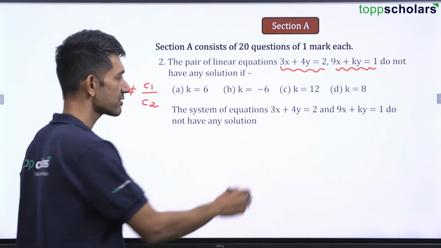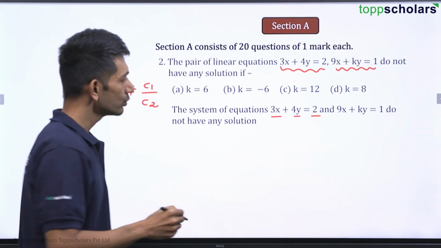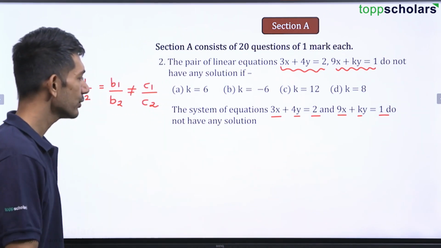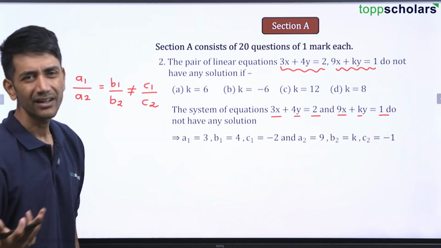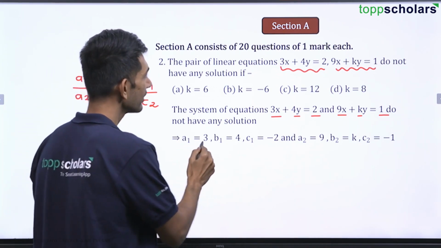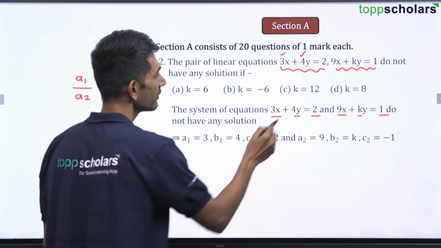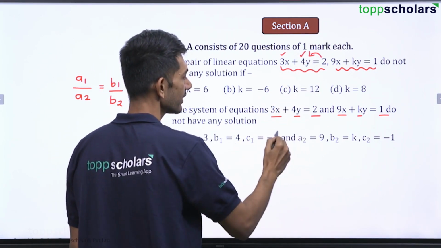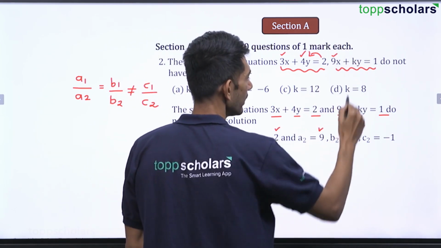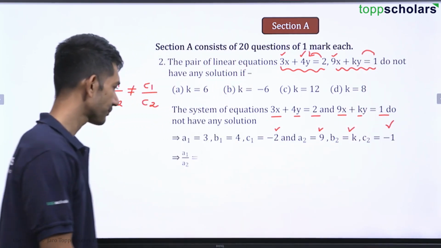We can say that the system of equations 3x plus 4y is equal to 2 and 9x plus ky is equal to 1 do not have any solution when, okay, we can get the values of a1, b1, c1, a2, b2, c2, right? So a1 is 3, b1 is 4, c1, if I take 2 here, c1 is negative 2, then a2 is 9, b2 is k and c2 is minus 1.